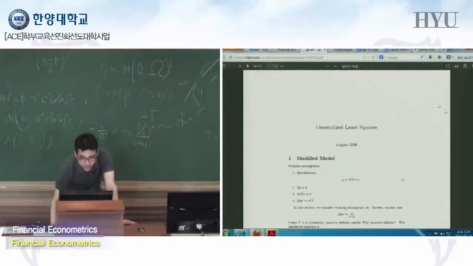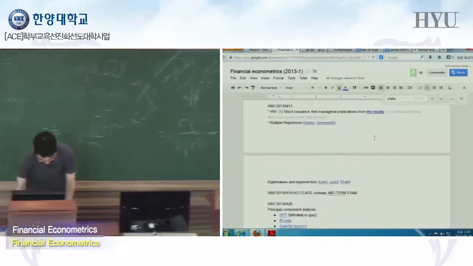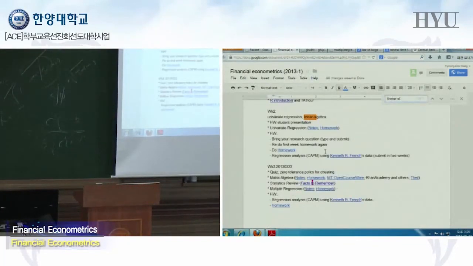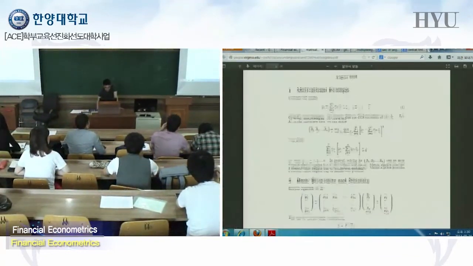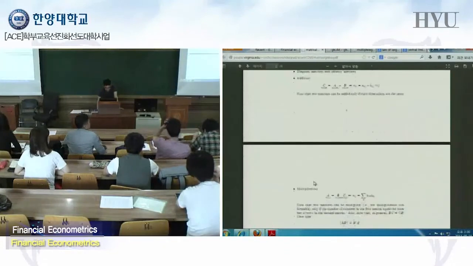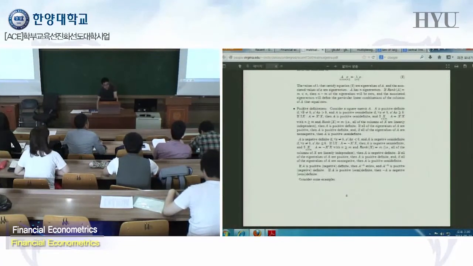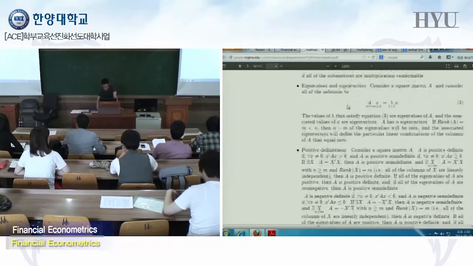I think you are confused, so to refresh your memory, we learned this in matrix algebra. In matrix algebra we learned positive semi-definiteness and positive definiteness, right?